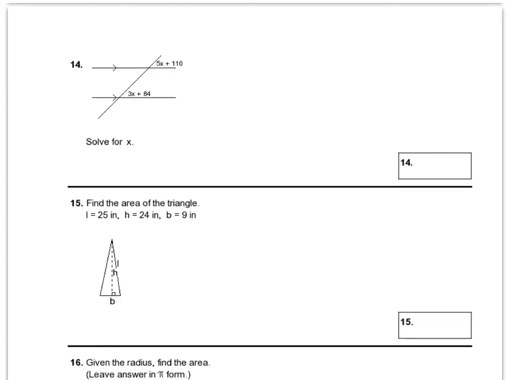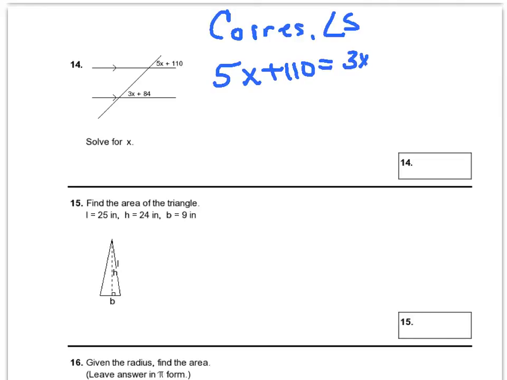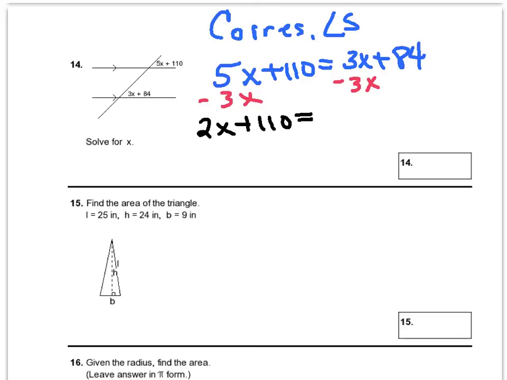All right, problem number 14. These are corresponding angles. So that means they are equal. I'll go back to my old method here of subtracting the x's first. So I get 2x plus 110 equals 84.